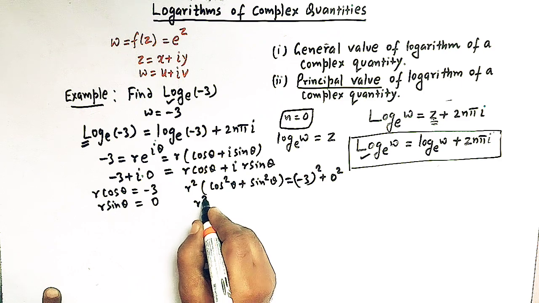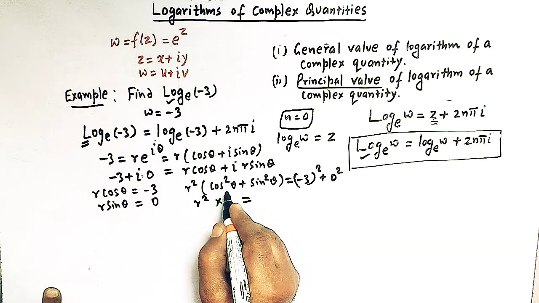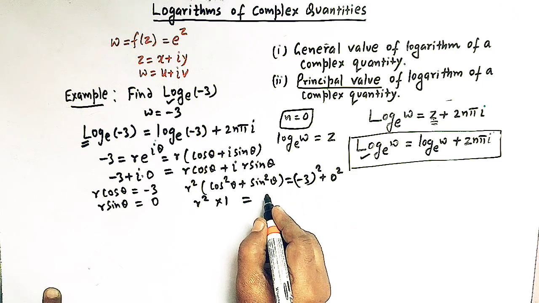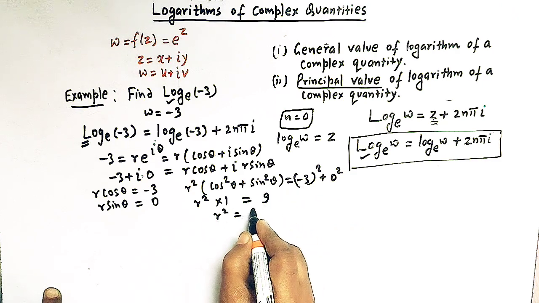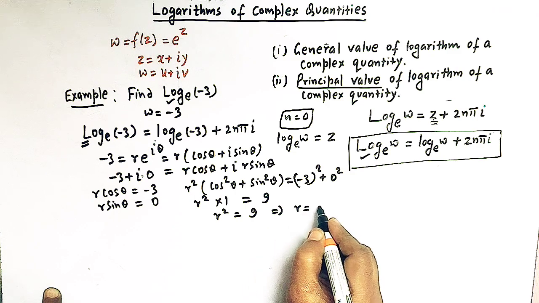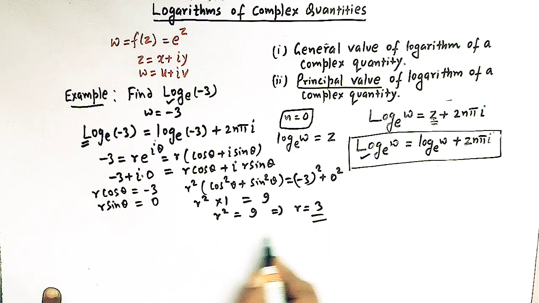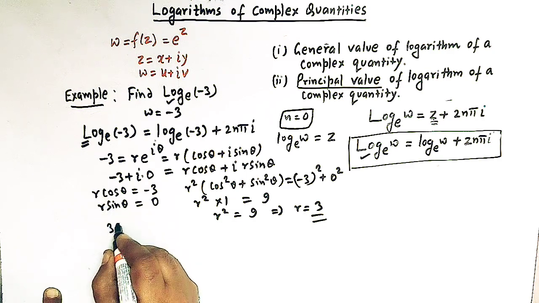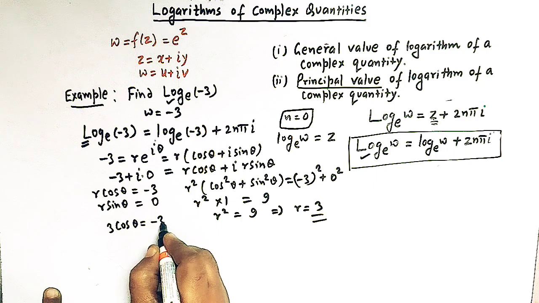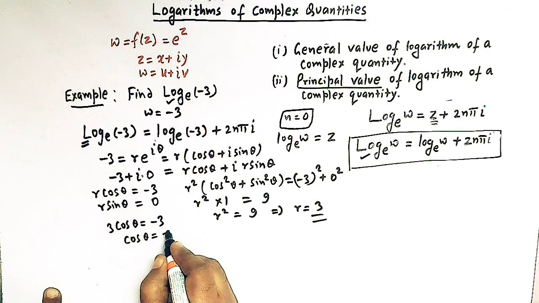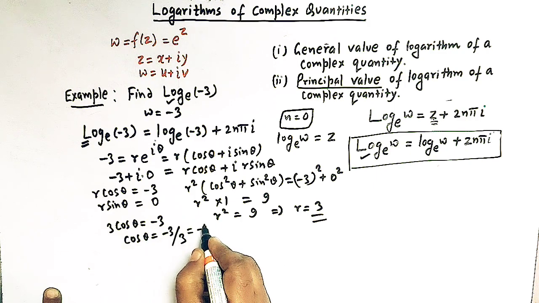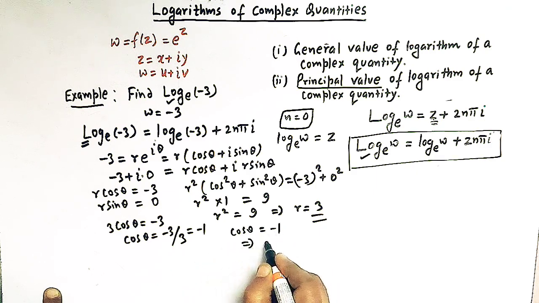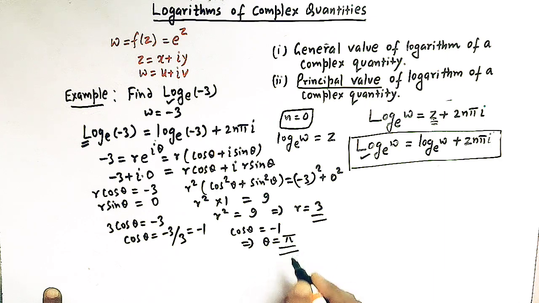So we have now r square times 1, because cos square theta plus sine square theta is equal to 1, and here we have 9, and r square is equal to 9, and r is equal to 3, right? And taking this r is equal to 3 in this equation, we have 3 cos theta is equal to minus 3, that is cos theta is minus 3 over 3, that is minus 1, and cos theta is equal to minus 1 implies that theta is equal to pi, right?